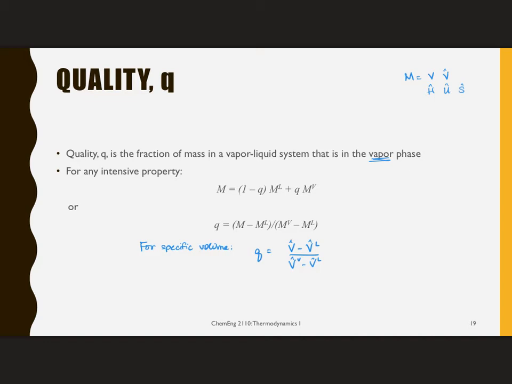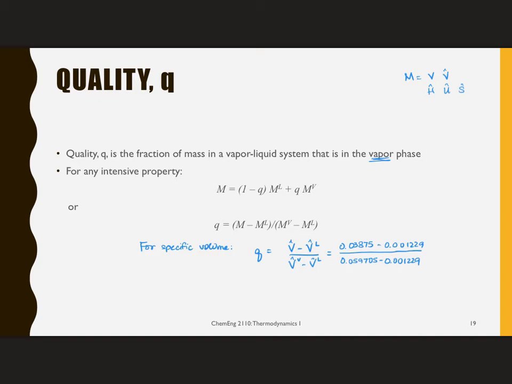If we were to apply that to this particular problem using the numbers from the previous screen, we have 0.03875 minus 0.001229 meters cubed per kilogram, all over 0.059705 minus 0.001229 meters cubed per kilogram.